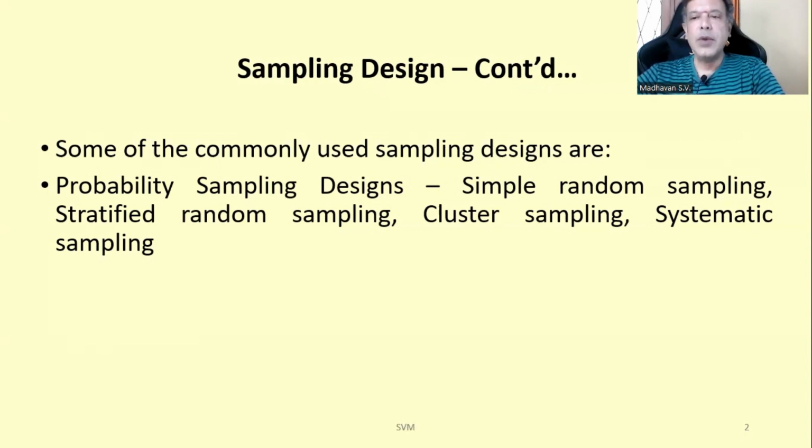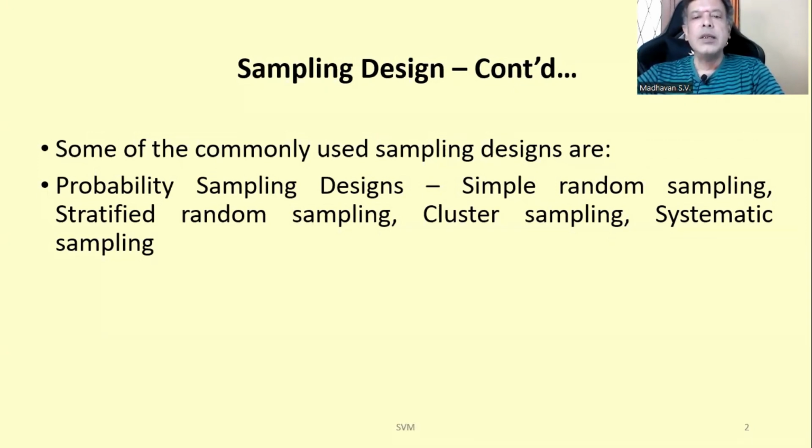In cluster sampling, you also divide the whole population into subgroups. Each subgroup is called a cluster, but here the major difference is that within a cluster we will find heterogeneity, and between clusters we will find homogeneity. That is how we divide the population.